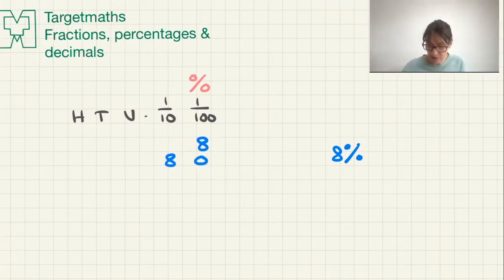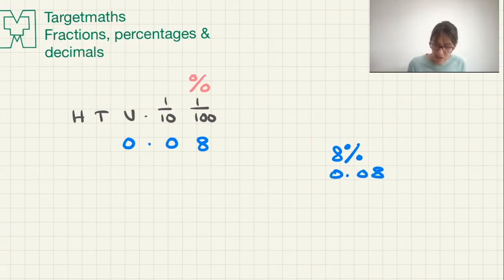That isn't going to work. 8 in the percent column. Fill everything else in with placeholders and then you've got your decimal clear as 0.08. And you've got your fraction, just 8 over 100, which again we can pretty much do without the grid because we know percent means out of 100 anyway.